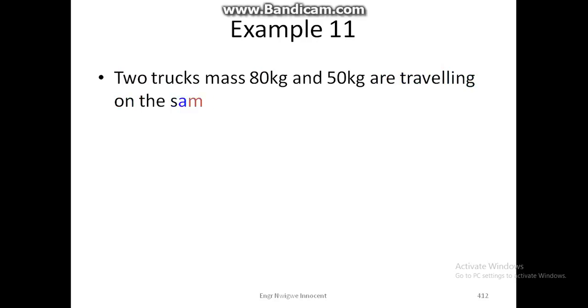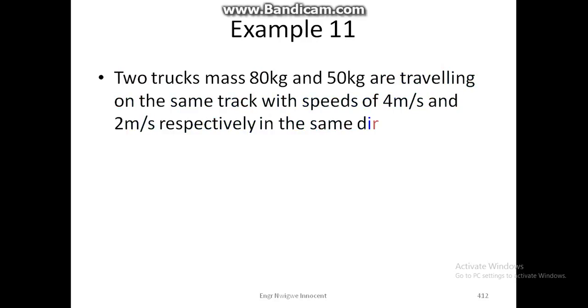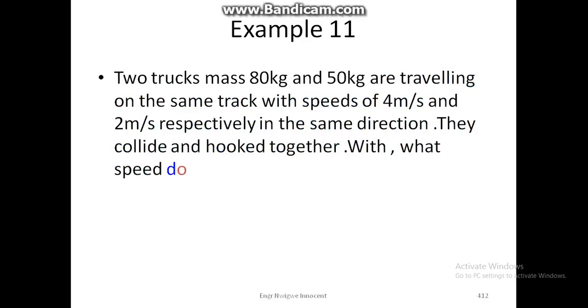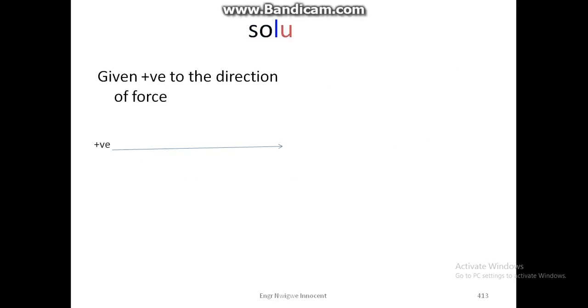Example 11. Two trucks, mass 80 kg and 50 kg, are traveling on the same track with speeds of 4 meters per second and 2 meters per second respectively in the same direction. They collide and hook together. With what speed do they combine? Solution. Giving positive to the direction of force.